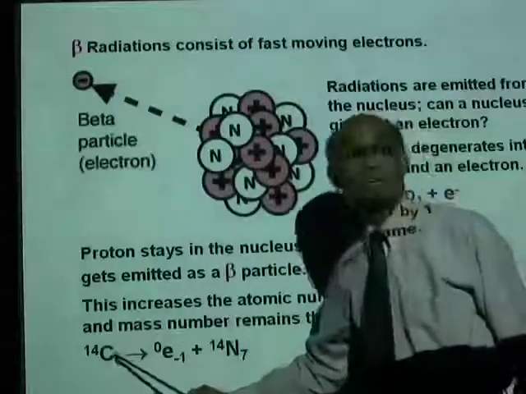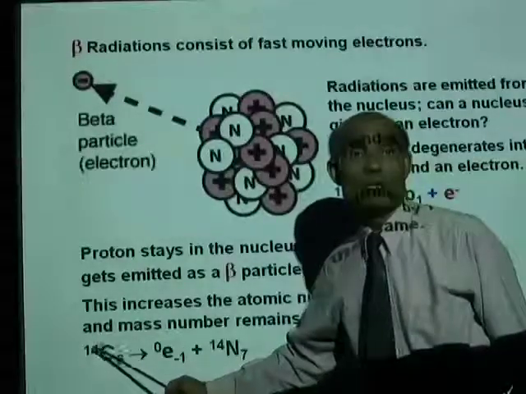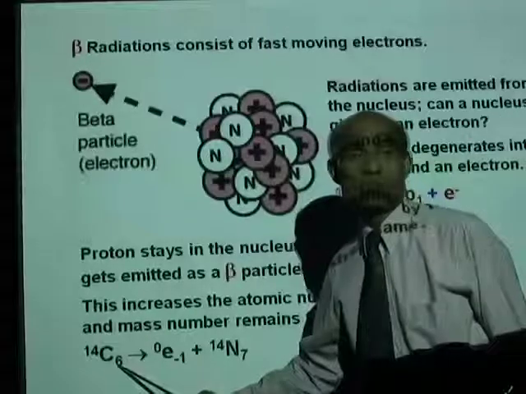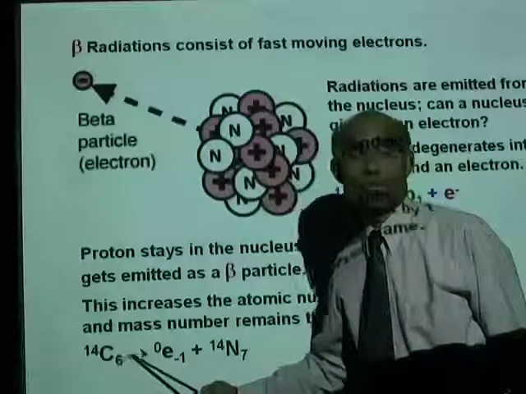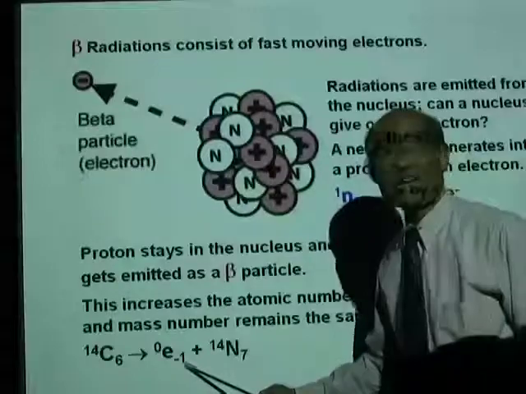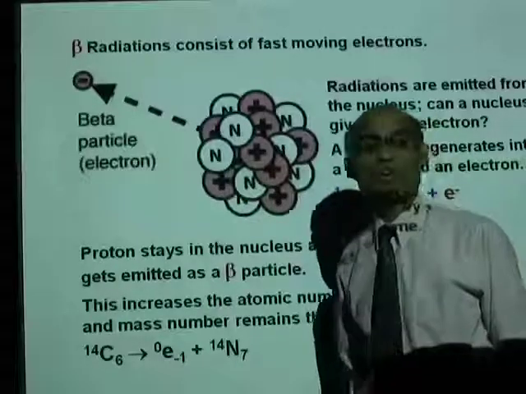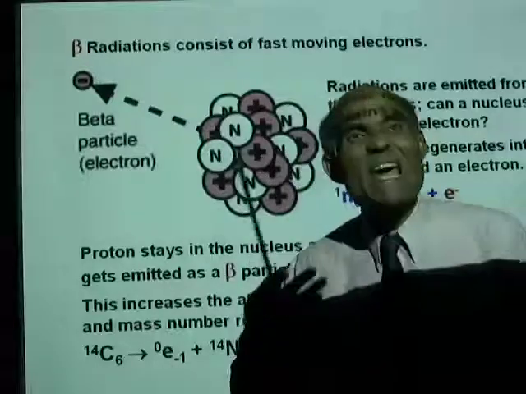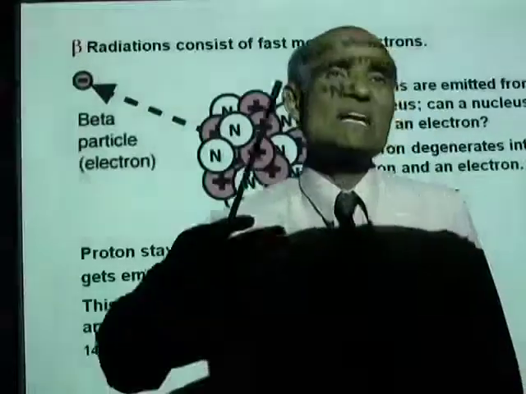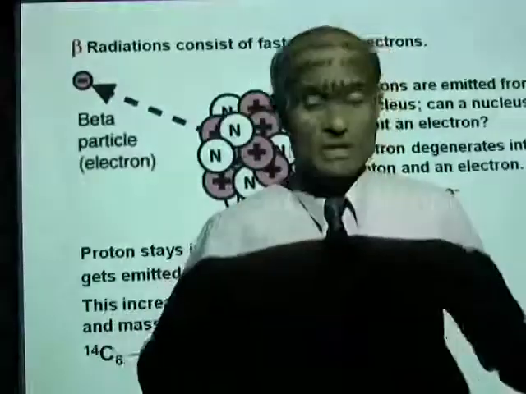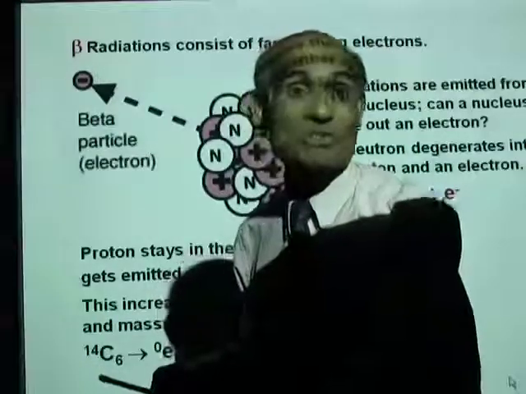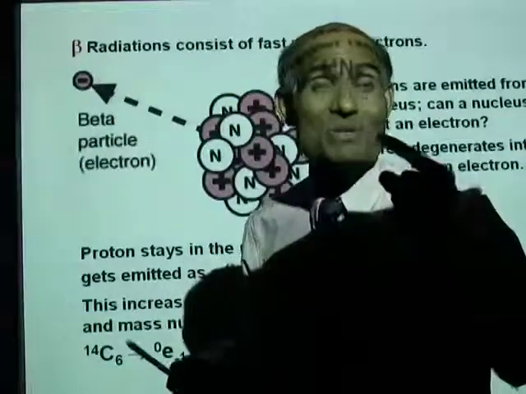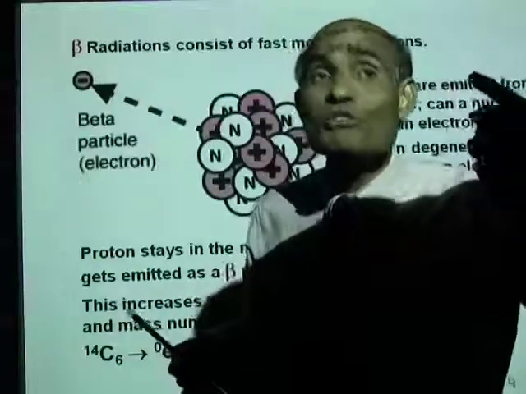An example is carbon-14. Carbon, atomic number 6, mass number 14, emits a negative beta. So from now on, we are going to call this beta a negative beta. A beta that carries a negative electric charge, which obviously means sometimes we will be coming across a positive beta.